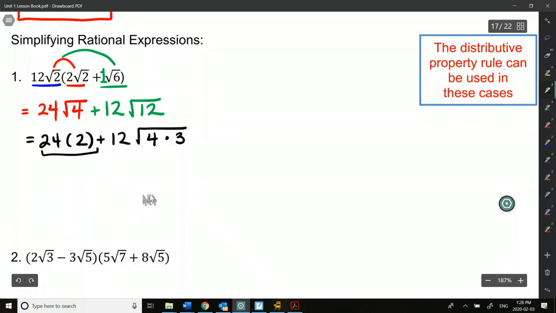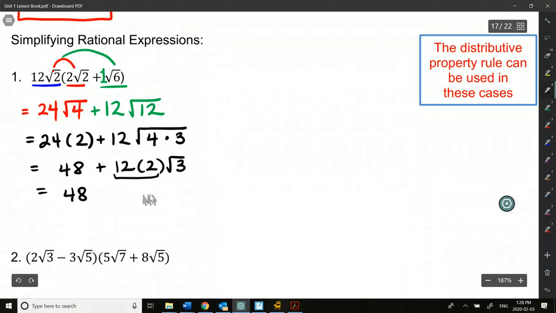So we can simplify this. 2 times 24 is just 48. And then I'm going to root the 4 here, that's 2. And then we're just going to simplify out front here by doing 12 times 2. That's 24 root 3.